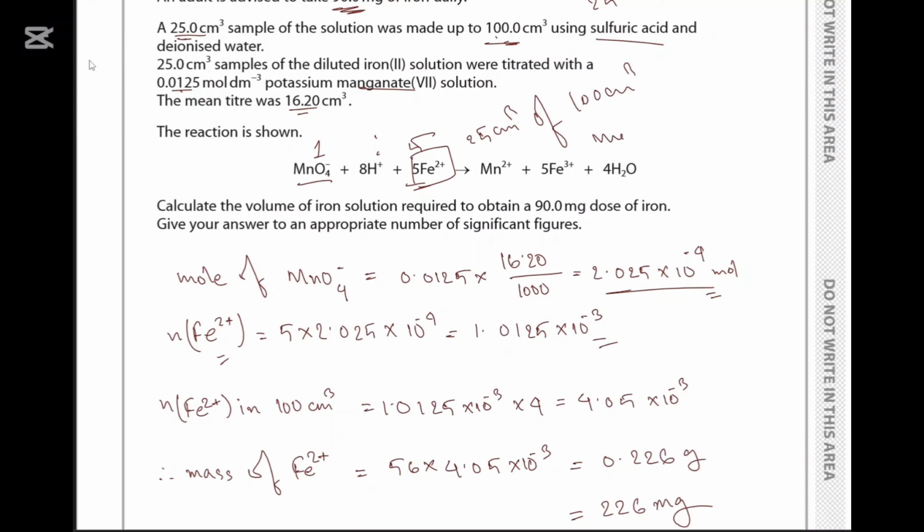So the mole in 100 cubic centimeters would be 4 times that found in 25 cubic centimeters. So I multiply it by 4, and I find the mole of iron 2+ in 100 cubic centimeters. This is the amount of mole that was in the initial 25 cubic centimeter solution.